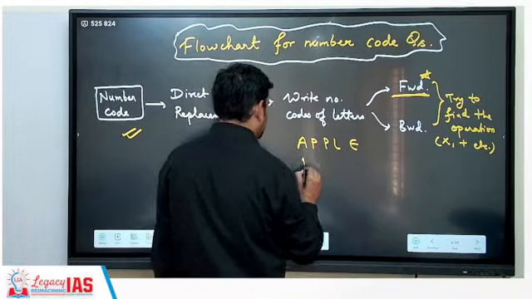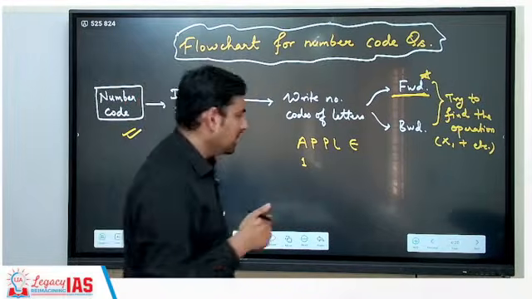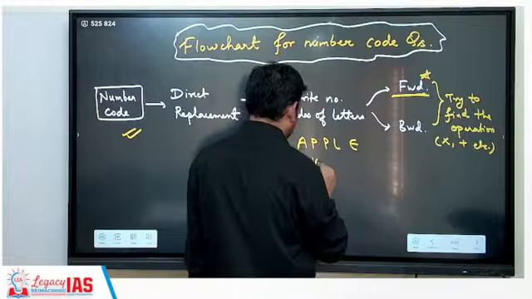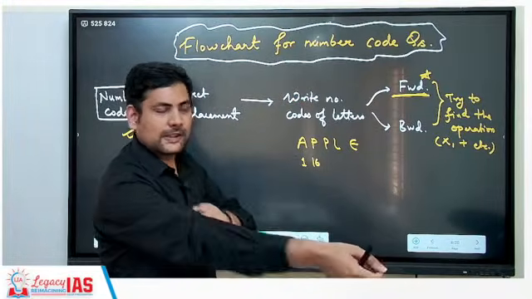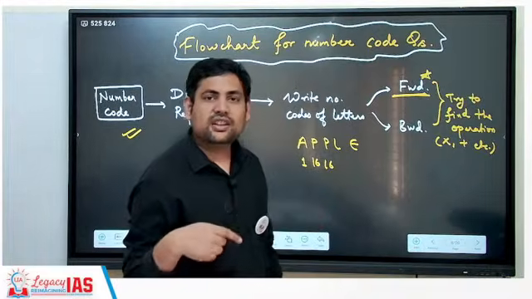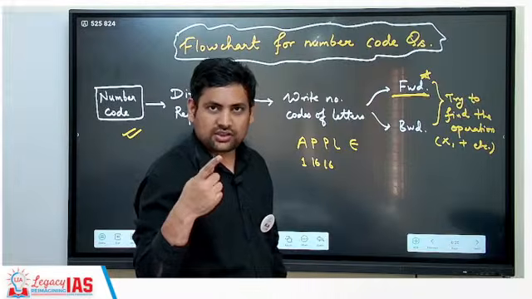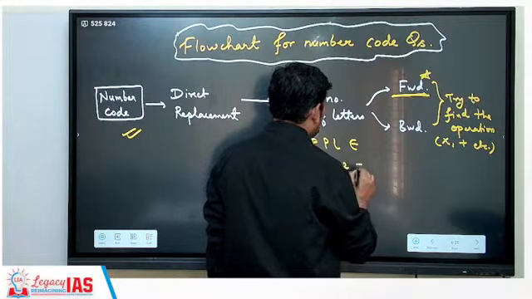So A is 1, then P is what? E-jotty, so OP, that means 16th. Similarly, this is also 16, then L. After J is 10, then K, L, so this is 12, then E is of course 5.